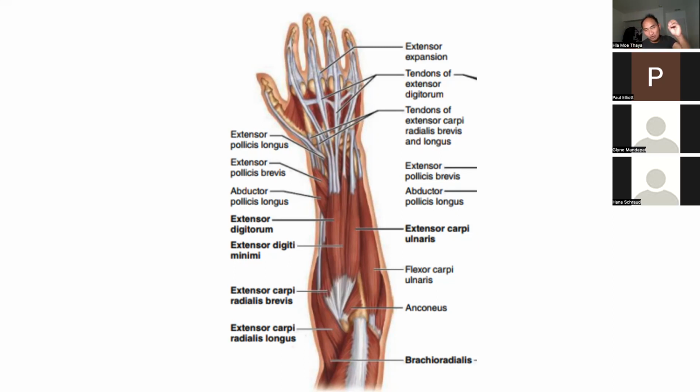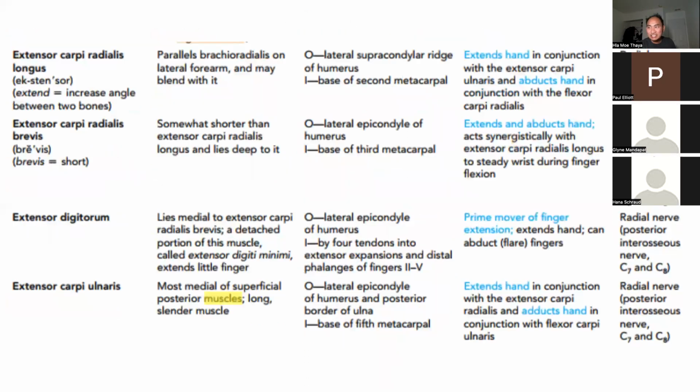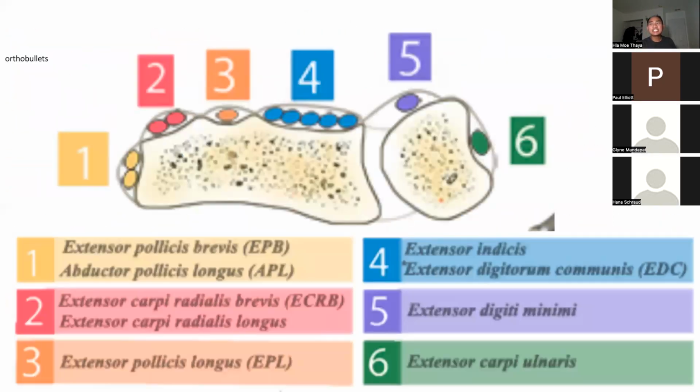In the flexor compartment, you divide into superficial group and deep group. Superficial group is for the five fingers. Deep group has only three muscles. In the extensor compartment, I want you to remember six groups of muscles.